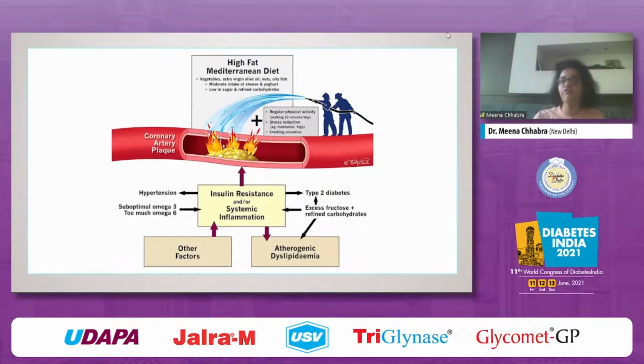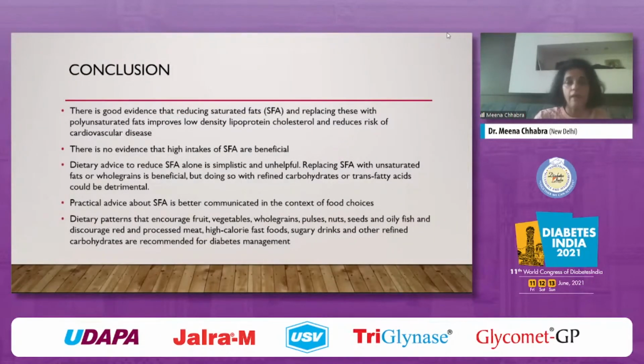And in the PUFA, the ratio of omega-6 to omega-3 is very important. So from the PURE trial, there is good evidence that reducing saturated fats but replacing them with polyunsaturated fats improves the LDL cholesterol, thereby reducing the risk of cardiovascular disease.